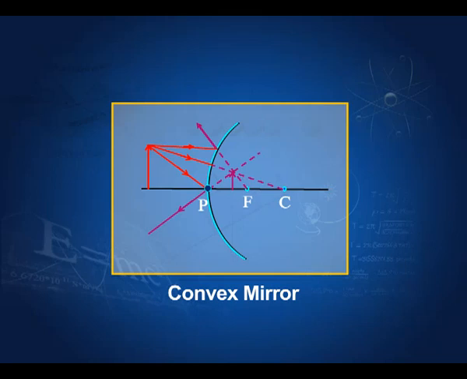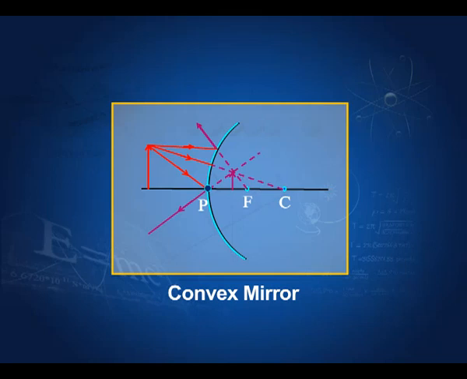So, this ray gets reflected in this direction, such that the angle of incidence is equal to the angle of reflection. What happens is that this ray, as we have seen, appears to come from F. This ray, which is going to pass through the center of curvature, is normal to the mirror, therefore there is no deflection.